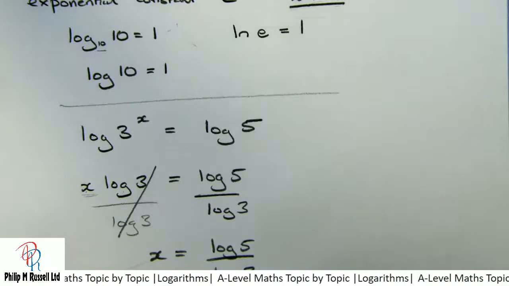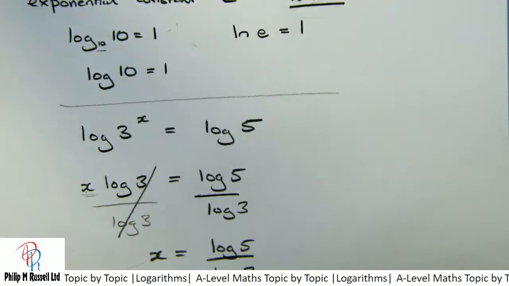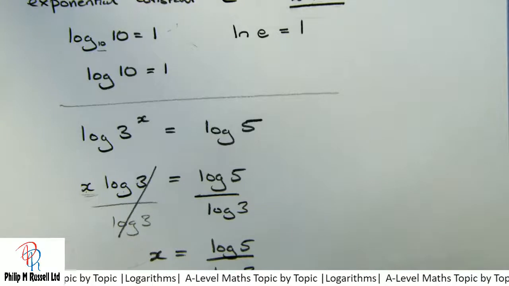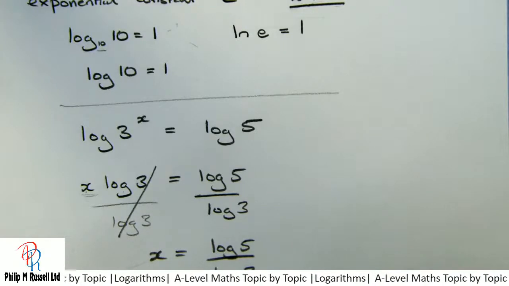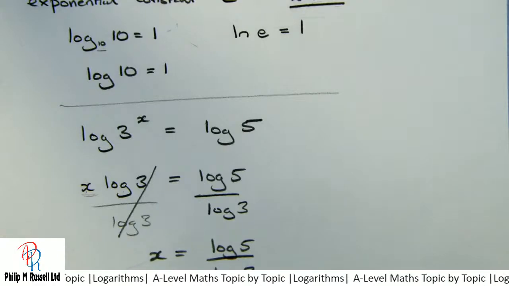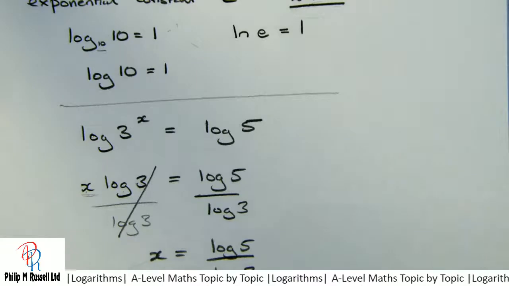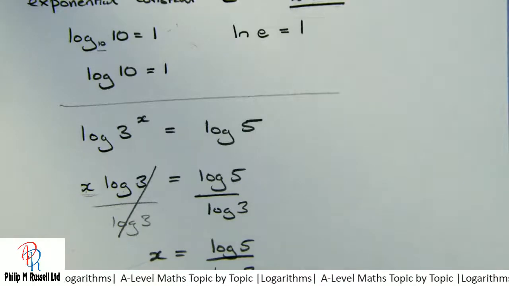Give another nasty problem. 3 to the x equals 5 to the x minus 2. We've got the unknown as a power, so I've got to try and do something with this, and this is where logs come in really usefully.